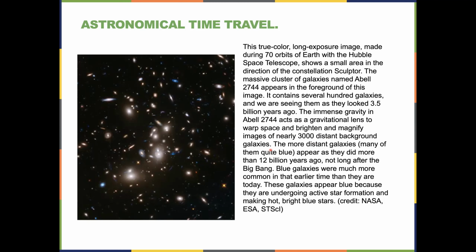Now, this is one of the beautiful things that Einstein's general theory of relativity can do: there is an effect called gravitational lensing. You may or may not have heard about that. What it does is, when you have a huge object like a huge galaxy, and here we have a galaxy cluster, which means a collection of a large number of galaxies, it can magnify the objects behind it, that is, objects further away.